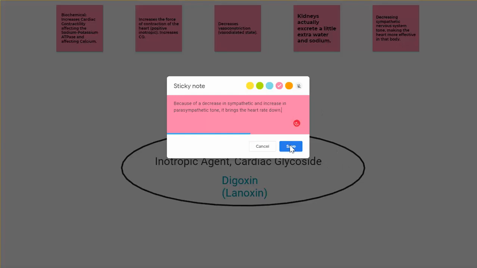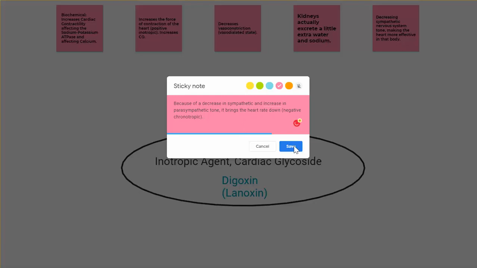Okay. We could call that, if you ever are interested, negative chronotrope. Is there an E at the end? I can't remember. I think it's got an E at the end. We'll put chronotropic.